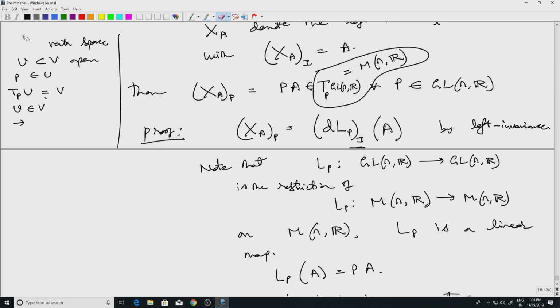So instead of dealing with any arbitrary space, after all we are in the realm of standard Euclidean space here. So Rn here, and here too it would be Rn.